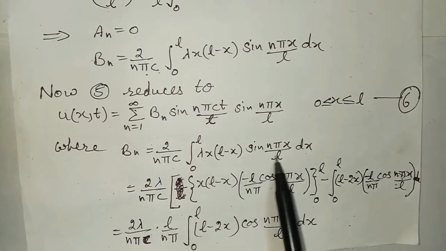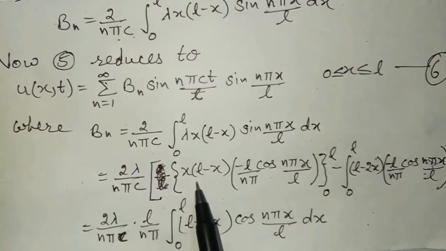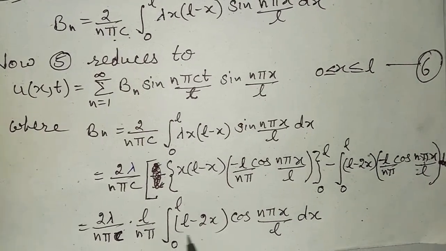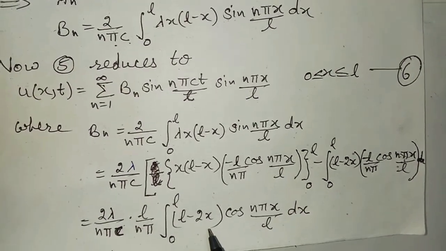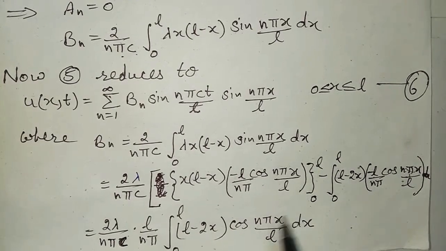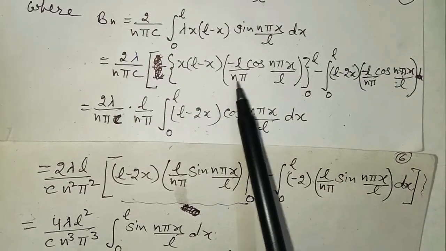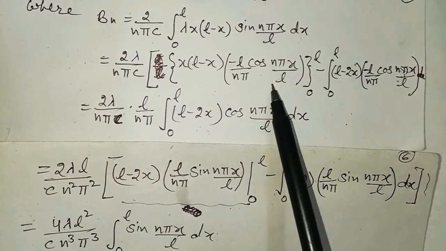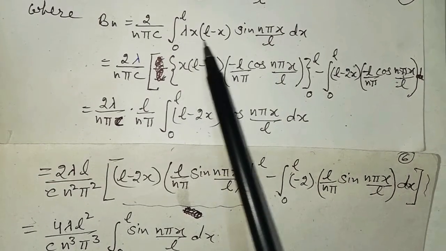Here we integrate this by parts. This is the first function, this is the second function. Integrating by parts: first function into integration of second function, minus integration of derivative of first function into integration of second function.